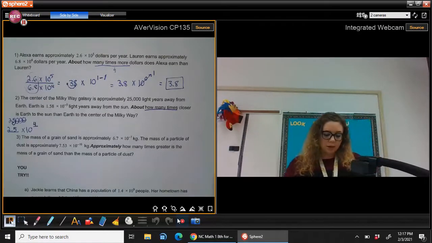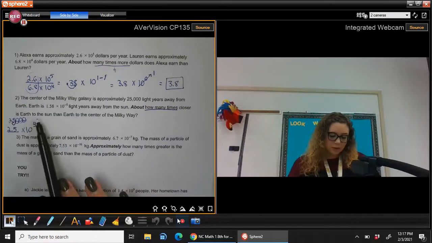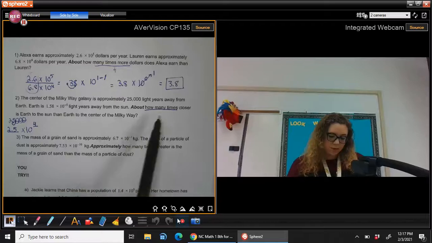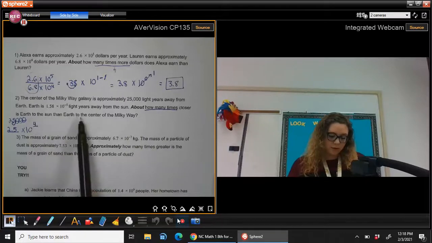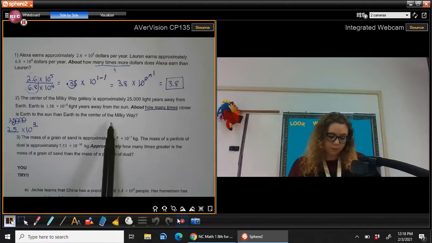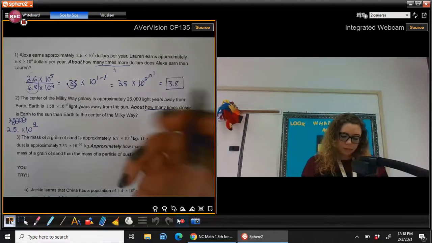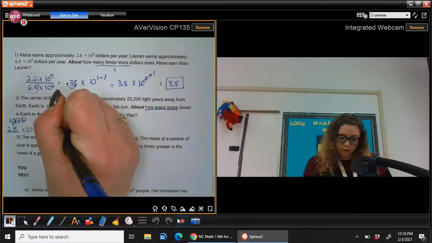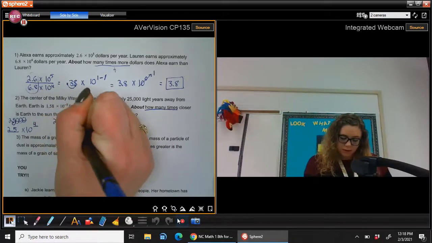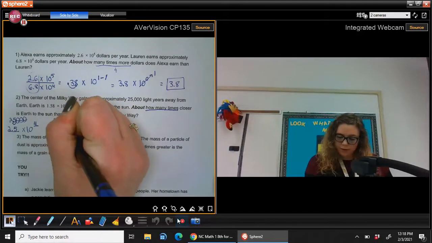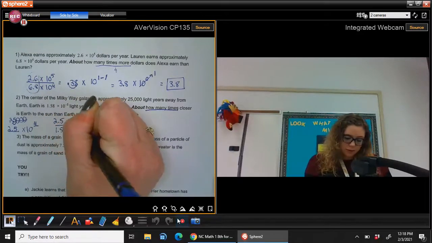So now let's see. They want to know, it's Earth to the Sun. How many times closer is Earth to the Sun than Earth to the center of the Milky Way? So we would do 2.5 times 10 to the 4th all over 1.58 times 10 to the negative 5.